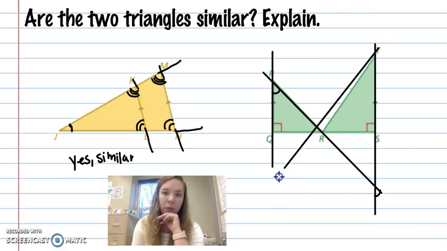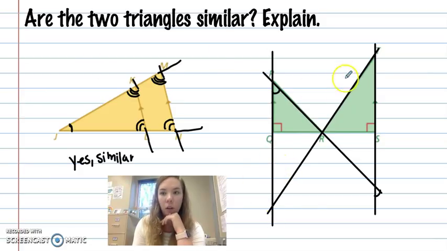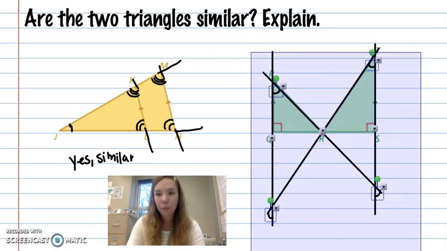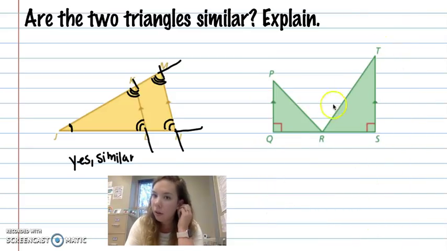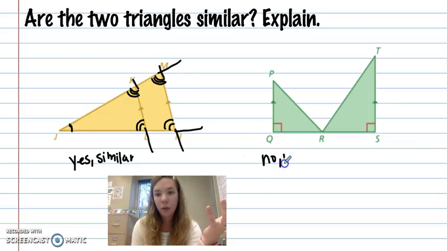If I talked about this transversal that goes through this angle, would go with this angle, but it's not on the other triangle, so it doesn't really count. So I'm going to go ahead and get rid of those. But since the lines that are cutting through this is not cutting through both parallel lines in our triangle picture, we're going to say no, there's not enough information.